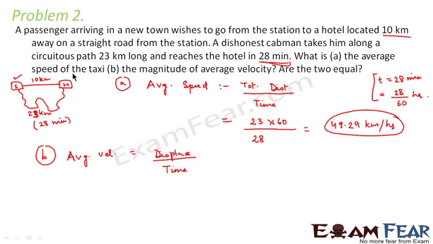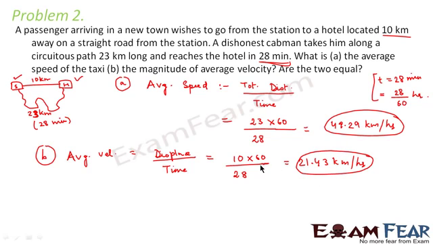This is the initial position, this is the final position. The shortest distance is 10 kilometers, divided by the time taken, which is the same, 28 by 60. This comes out to be 21.43 kilometers per hour. So this is the average velocity.